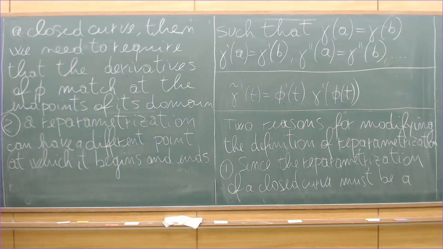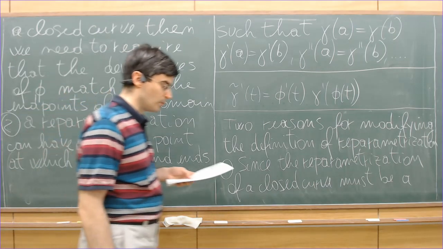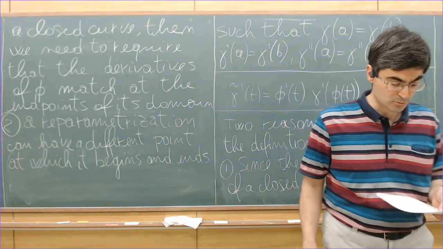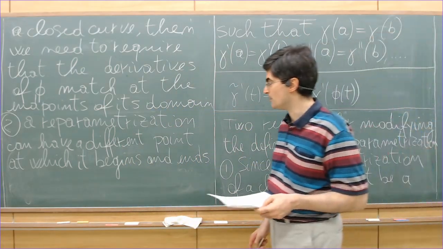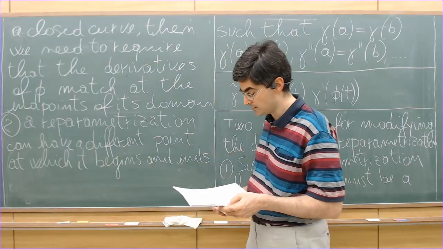Now, the simplest way to allow a reparameterization to have a different beginning and ending point is the following.